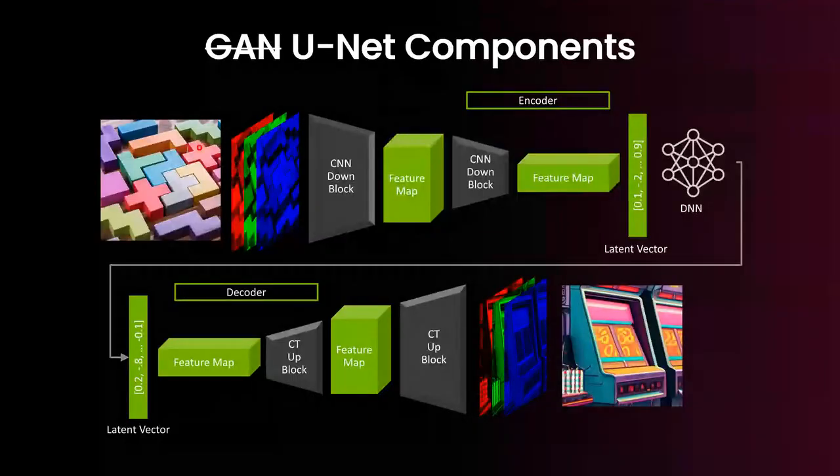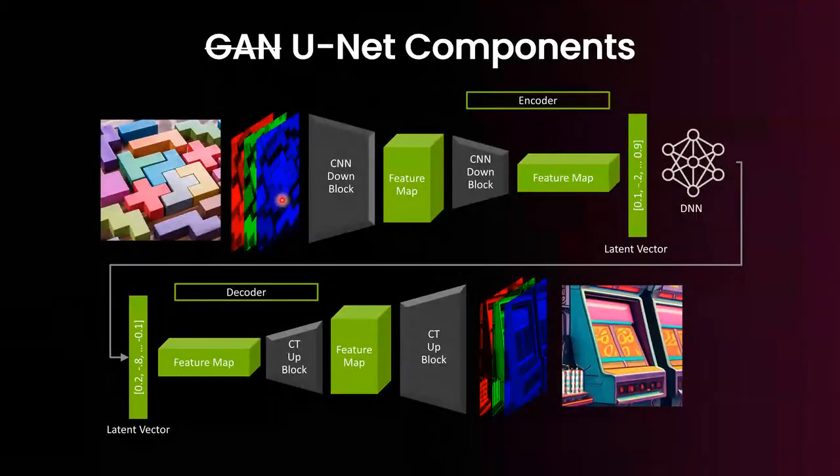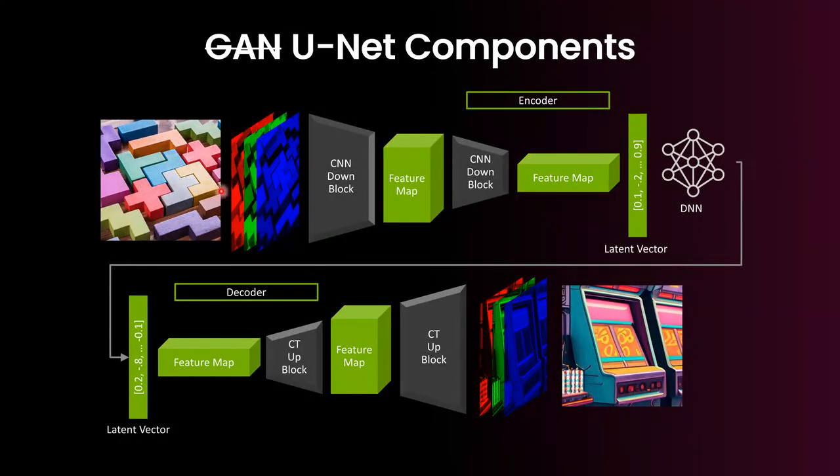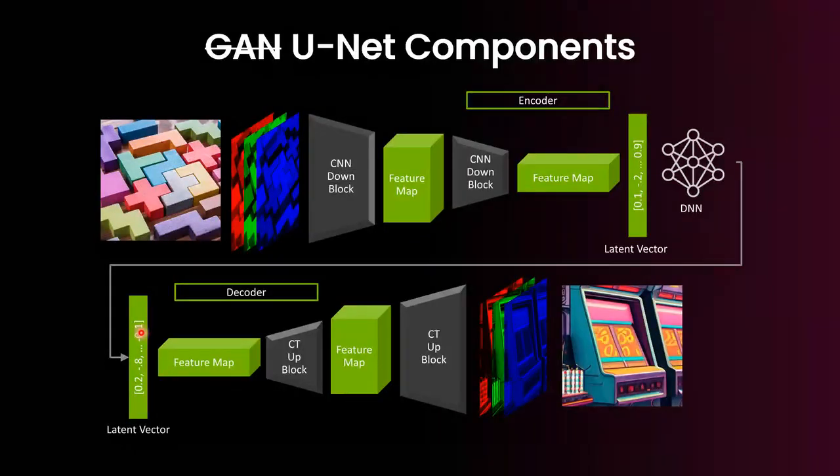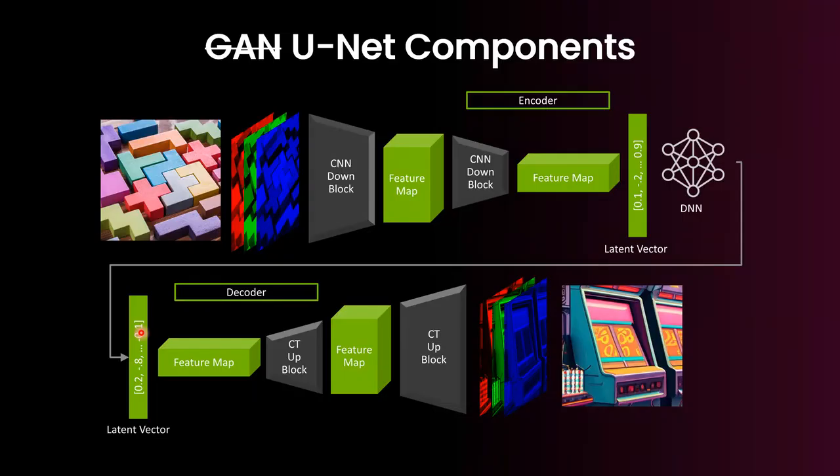This is UNet. All it does is take an input image and downsample it through a convolutional neural network, and then it generates a mid, or latent, vector of compressed features, the most important features extracted from the input image.